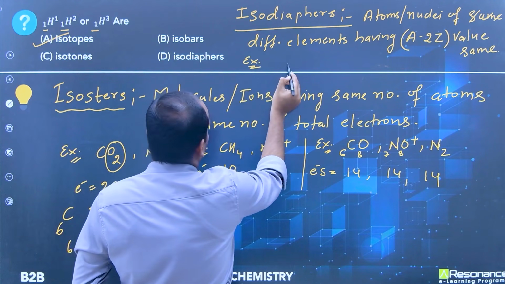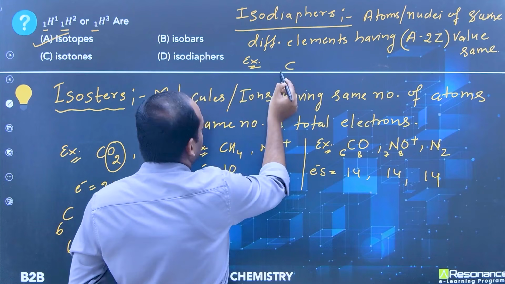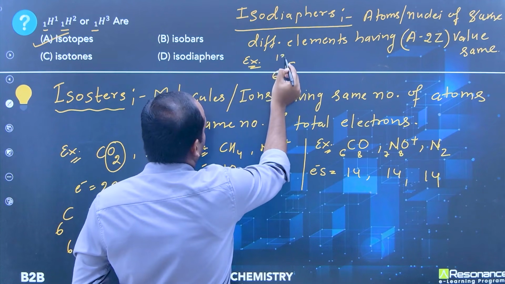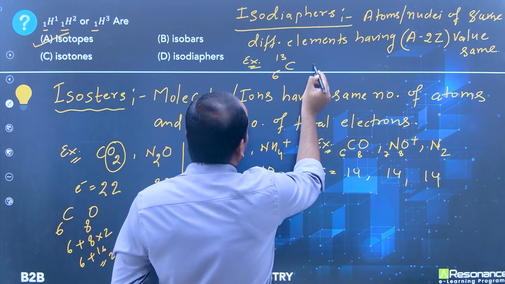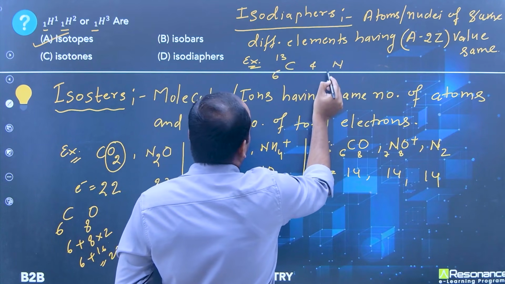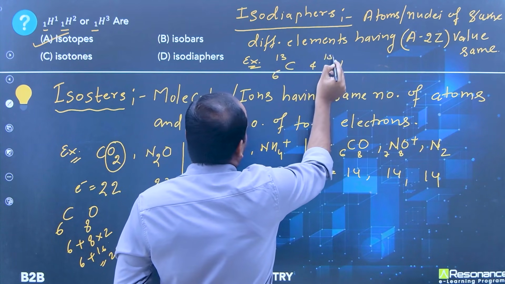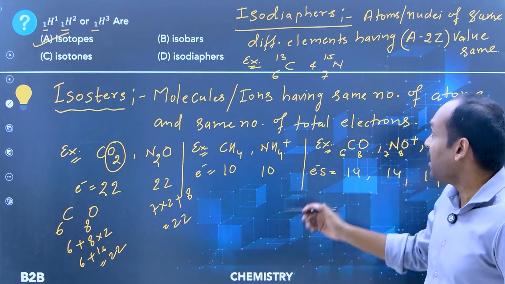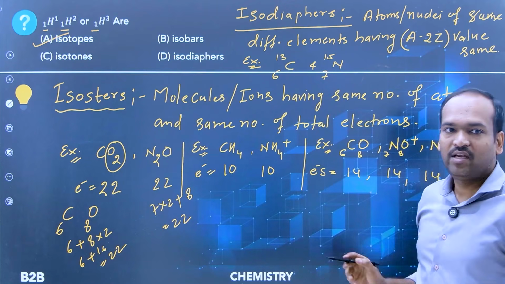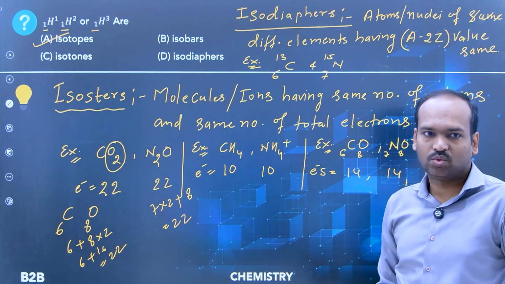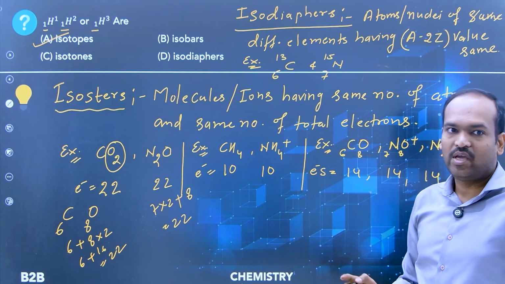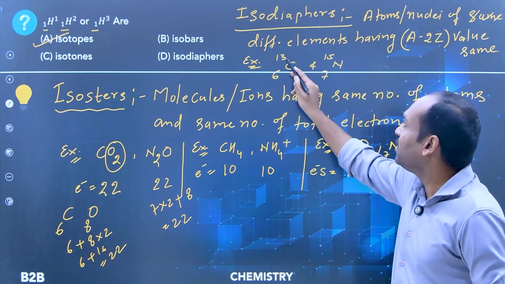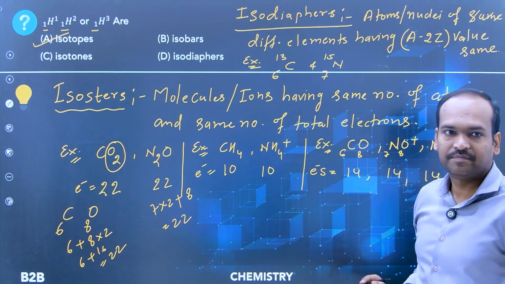Now I will take only one example so you can easily answer. If we have carbon 6 with isotope 13, and nitrogen 7 with isotope 15. Now A minus 2Z: 13 minus 6 into 2, 13 minus 12, we get 1.